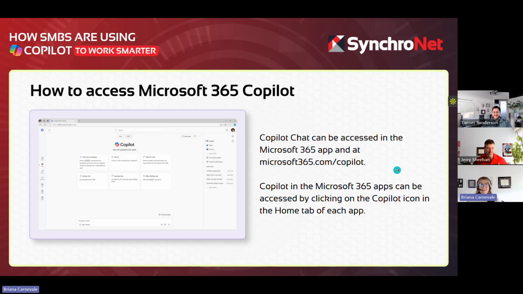So like Turner said, when you have a Microsoft 365 license, you will automatically have access to the free Copilot Chat option. And then if you do decide to get a Copilot license, that same link will give you that same access. You can access it via the web or natively on your computer within the app as well.